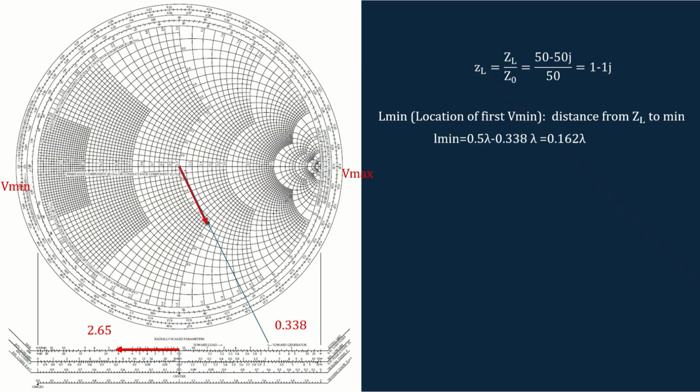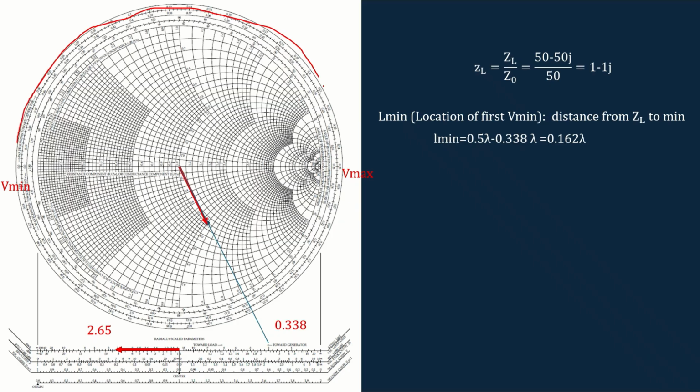So here to find the Lmin and Lmaximum, what you can do is just extend this line through this point, and here you can see what is the intersection point on the outer circle. So it is around 0.33, 332, 334, 336, 338. So 0.338 is the value corresponding to the load. So we know that we have to consider wavelength towards the generator.